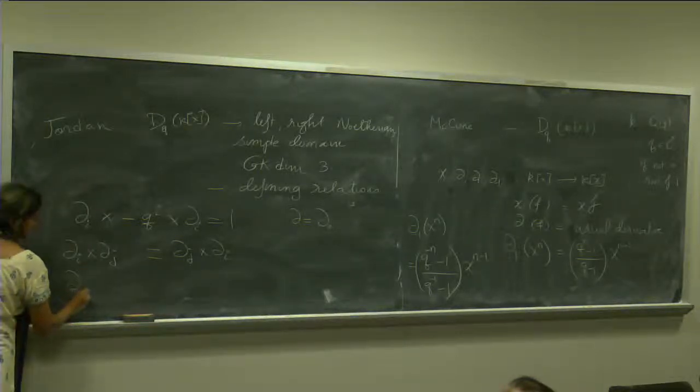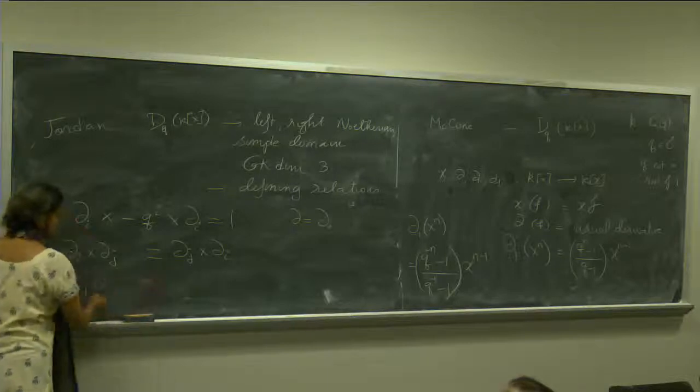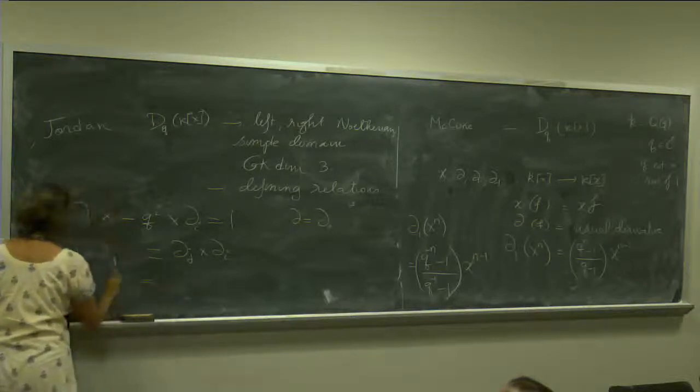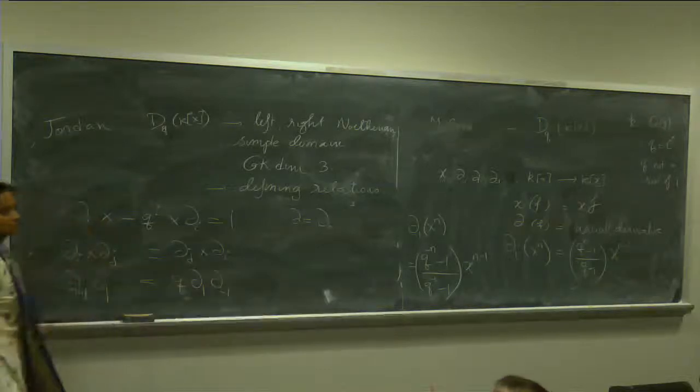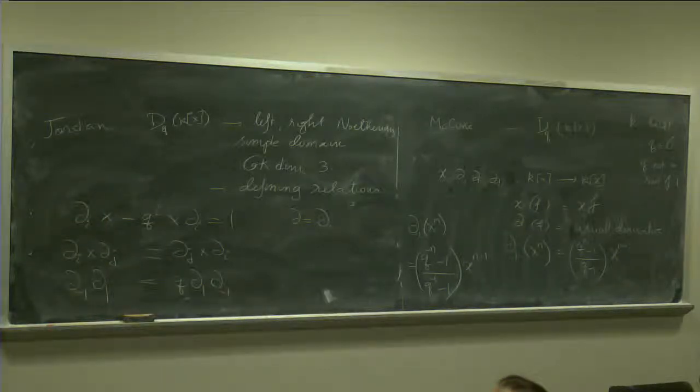Then the last one, del minus 1 del 1. This is a quantum commutation. So they are almost commuting, but they don't really. You have to have an x for them to commute. So these are the defining relations, and that was a lot of work.